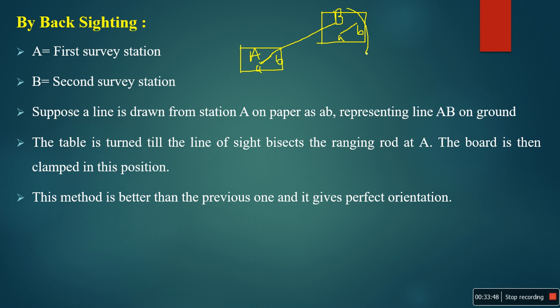Then you have to rotate your plane table, in clockwise or anti-clockwise direction, until it exactly bisects the ranging rod at station A. Then after bisecting, the AB line on the drawing sheet will be exactly parallel to the field line AB. Then stop rotating the instrument. These two lines are now exactly parallel. This is called orientation by back sighting.